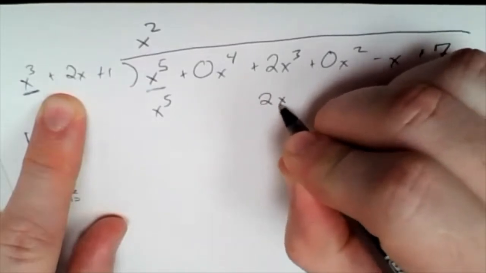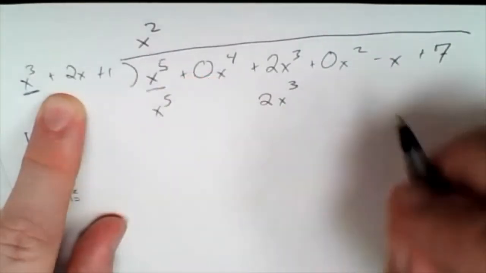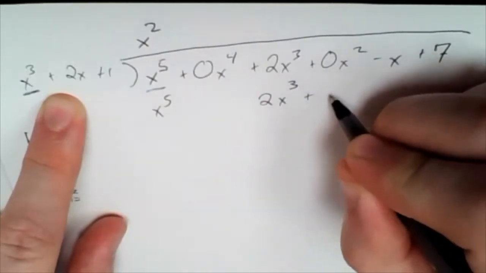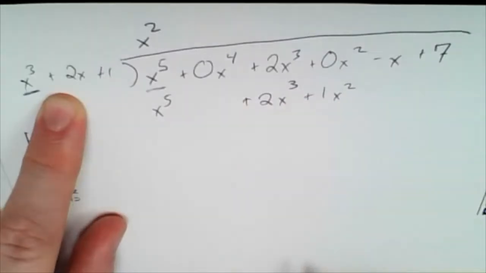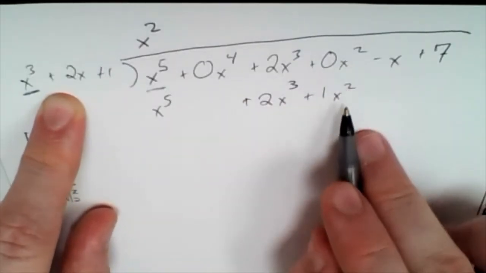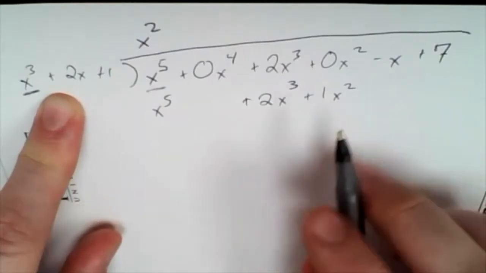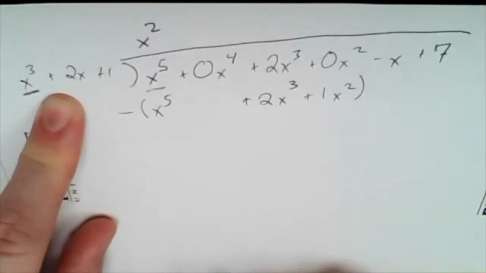So 2x cubed. And 1 by x squared is going to give me plus 1x squared. So yeah, there's a plus sign here. And you can see why I put this placeholder in. Everything lines up very nicely for the next step, which is subtraction.